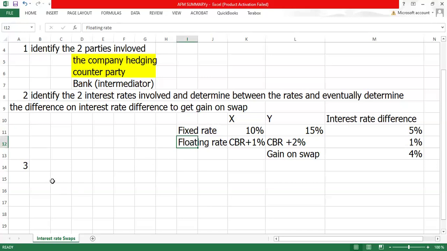So step number 3, you will need to determine the net gain of each party.